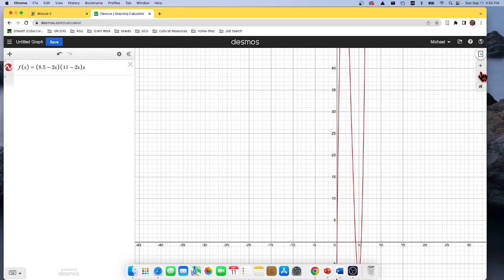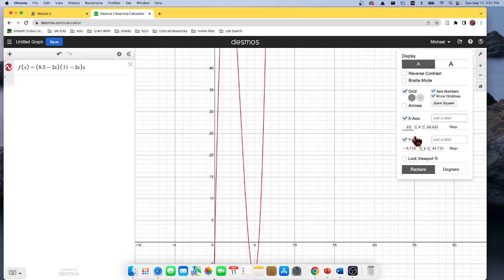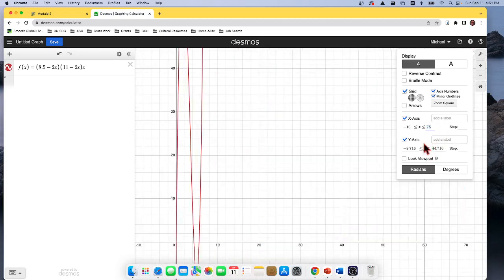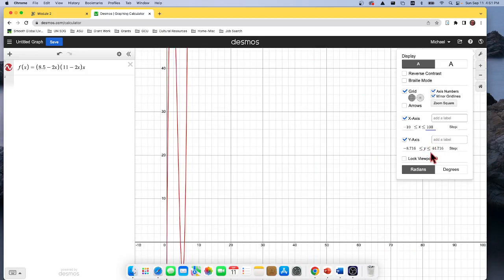The other thing with this, let's get that out of the way. I'm going to have our y-axis go from, let's say, negative 10 to 75. Oh, maybe we need to go higher. Let's go to 100. Whoops, that's the x.